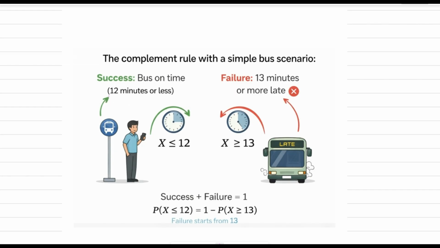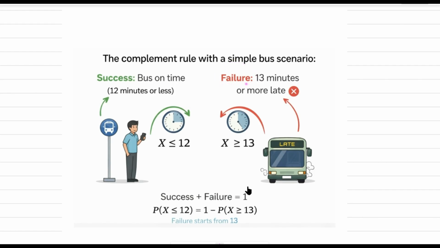Might be in 10 minutes or less, 12 minutes or less. If this happened with the bus, this is called success. So if the bus arrives in less than or equal to 12 minutes, this is called success. But if it arrives greater than 12 minutes, which is 13 minutes or more, this is called failure here.